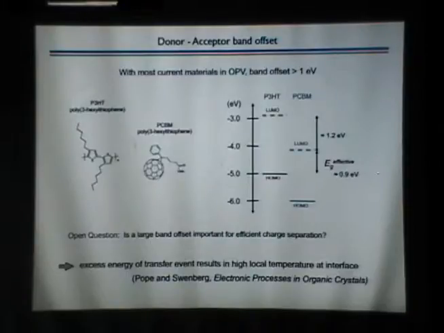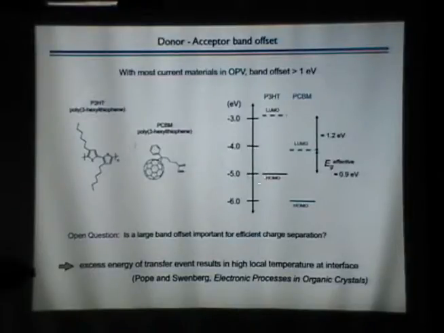So you can see that perhaps this is not an ideal system from an energetic standpoint. So the most voltage we can get out of this system is 0.9. And in fact, the data I showed you, we actually get about 0.6. We lose a third of that voltage. So you can also see that with this really large band offset, when we have the exciton here, we transfer the electron, there's a large loss in energy.